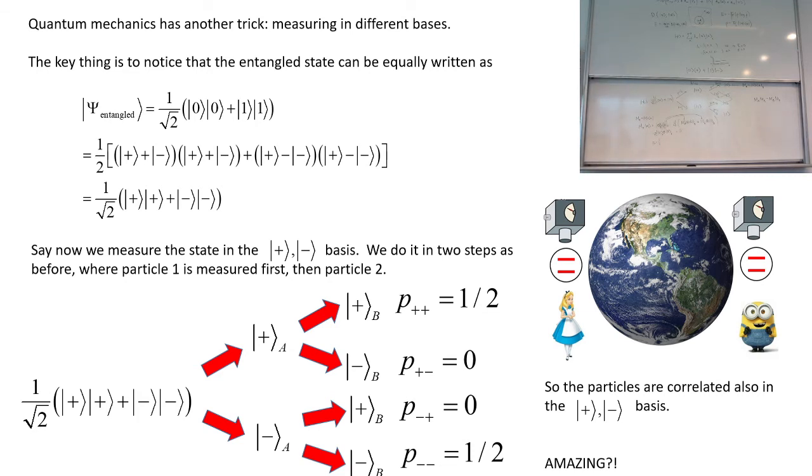Let me show this. So here's our state, 0 0 plus 1 1. Now let's do our usual basis transformation, where we write the zeros in the plus, minus basis, and then the ones as plus state, minus state. If you make those substitutions, you can see that these cross terms, for example, look at this plus and then the minus on the first one, that's got a plus sign here, right?